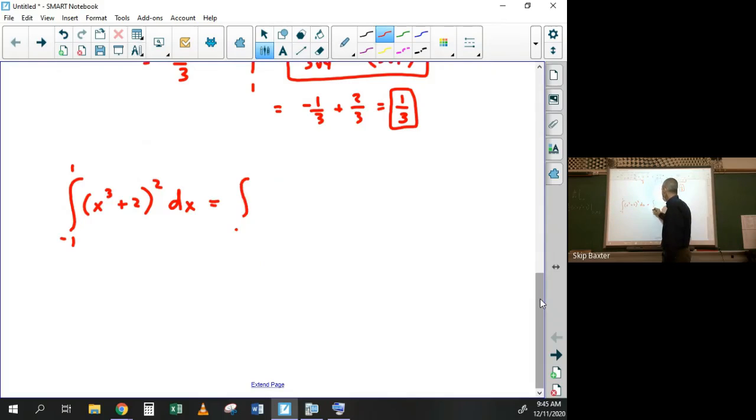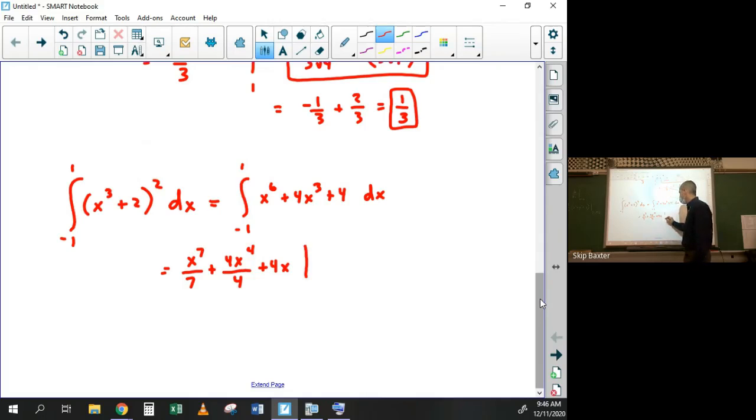So this would be the integral from -1 to 1 of x to the 6th plus 4x cubed plus 4 dx, which would be x to the 7th over 7 plus 4x to the 4th over 4 plus 4x, evaluated from -1 to 1.